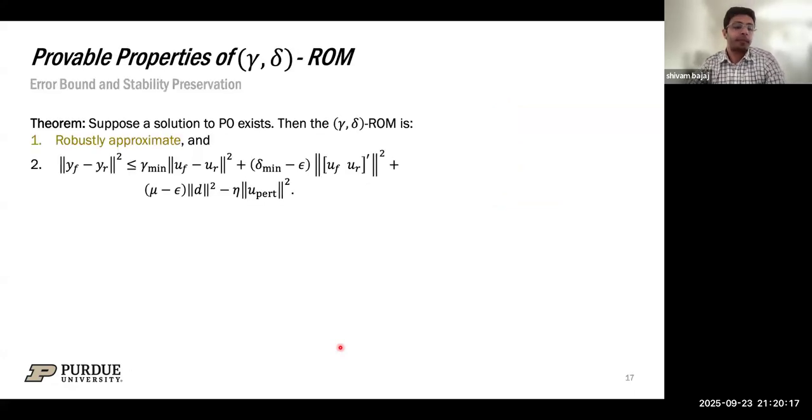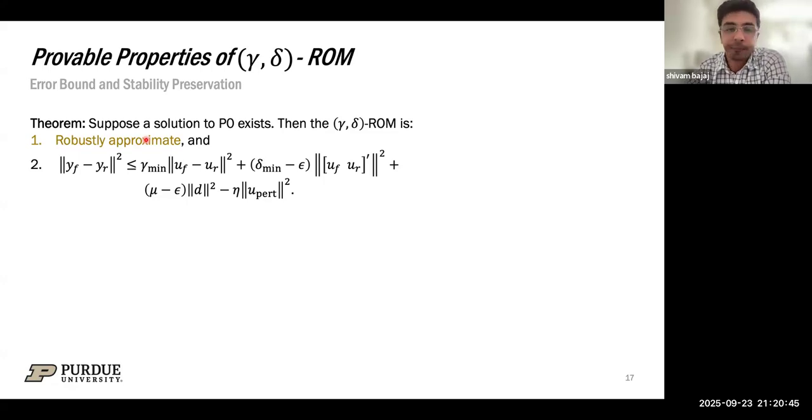Okay, so now that we have the framework that helps us determine the gamma-delta reduced order model, I want to talk about the properties that this framework satisfies. Right off the bat, we can say that the gamma-delta reduced order models are robustly approximate, and recall that robustly approximate means that the reduced model will approximate the output of the true system even in the presence of disturbances.